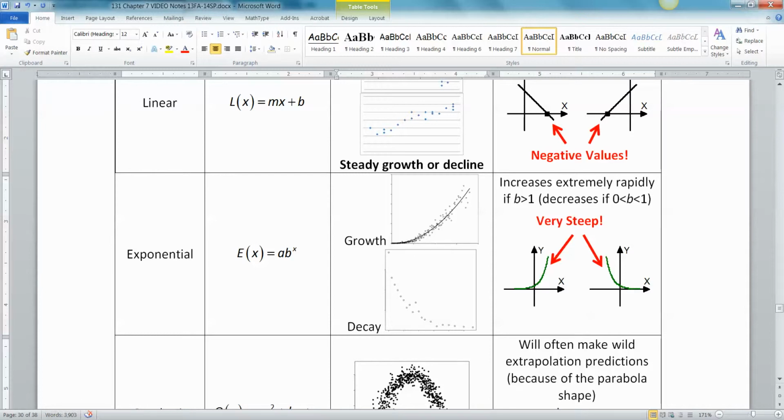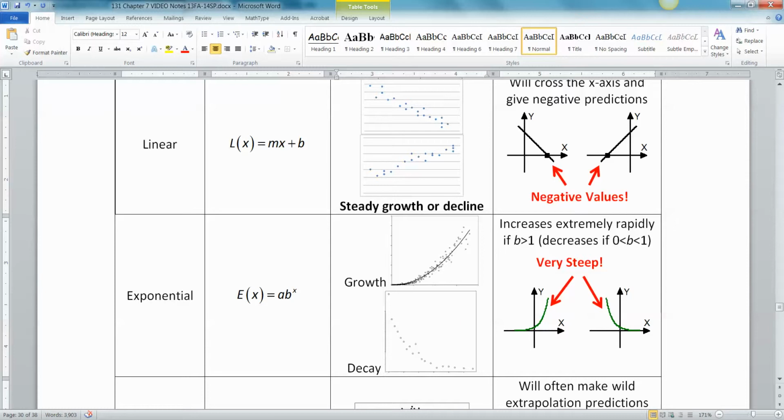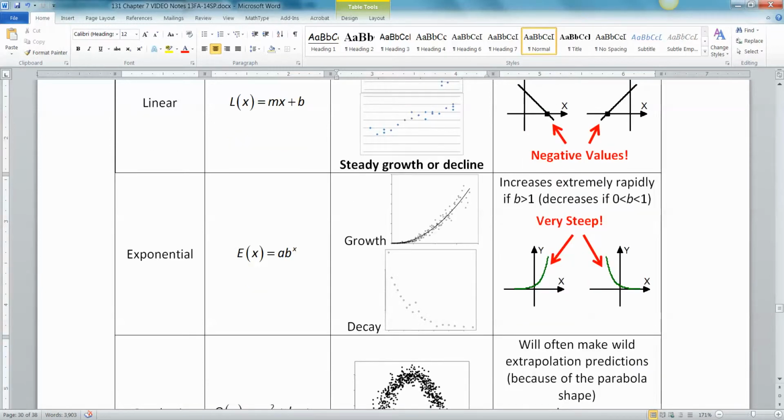However, it's hard to see, but exponential curves are extremely steep, and it doesn't take too long to get to that very, very steep portion, which can make some pretty crazy predictions that are way beyond what could actually happen from the real data. So you've got to be careful with extrapolating too far into the future or too far in the past, because sometimes exponential curves just don't make a lot of sense if you get too far away from your actual data.